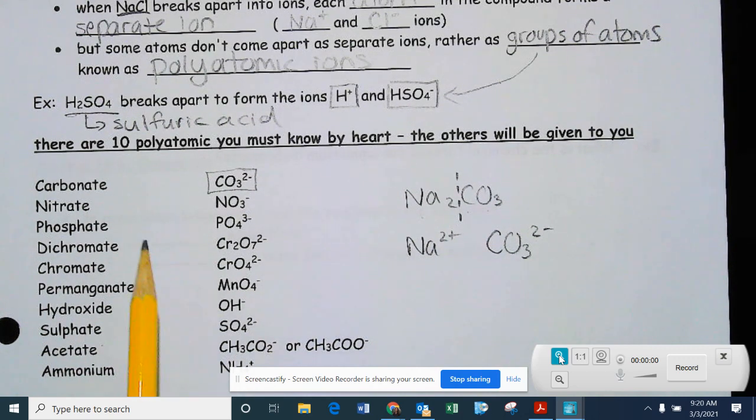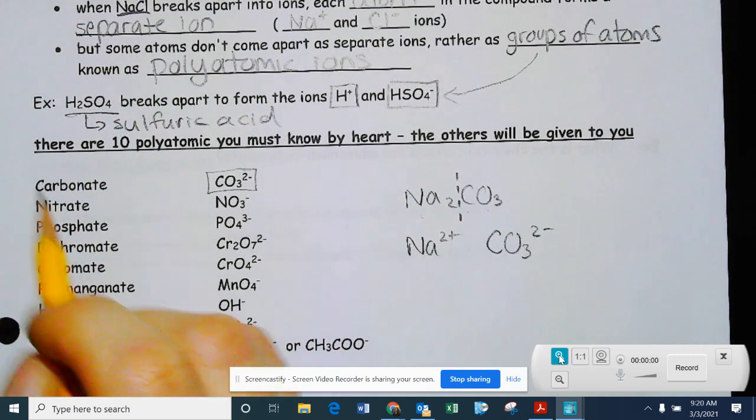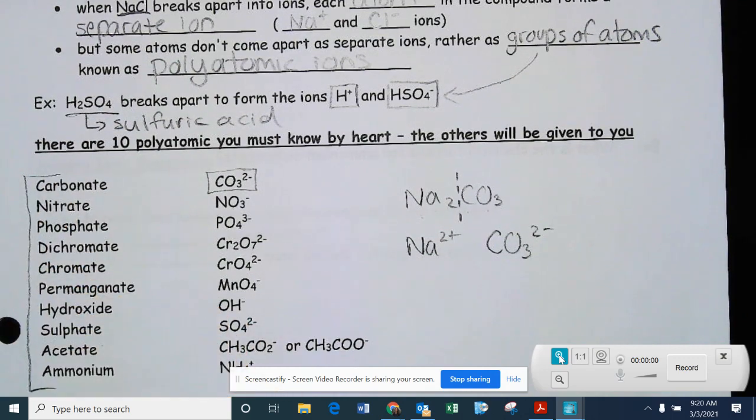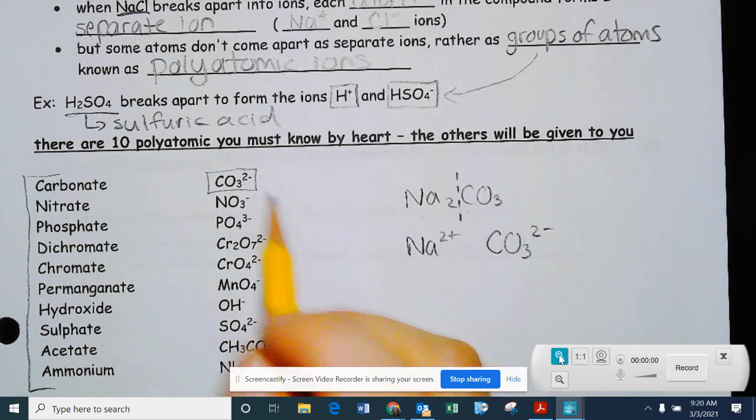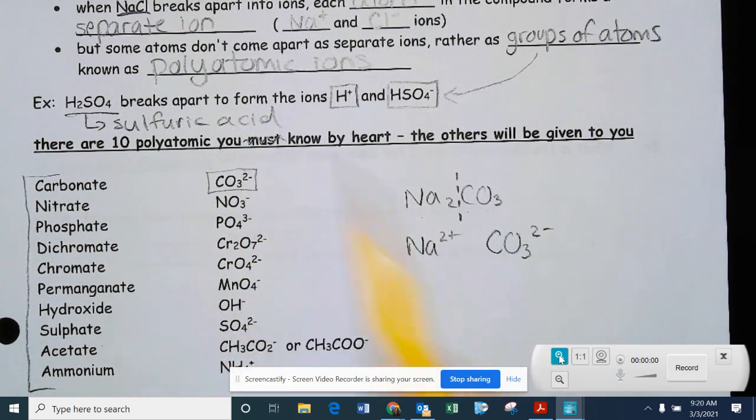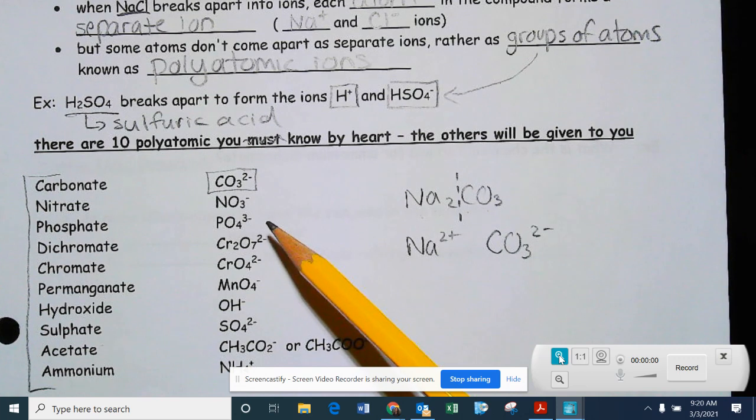So here are some examples of polyatomic ions. You should know these. We're going to get rid of "must," but you are going to become familiar with these.